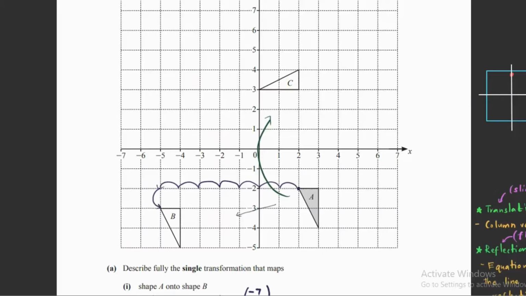You're going to place the tracing paper on the grid like this. You're going to draw the object, which is A, and then you're going to select different points on the grid.